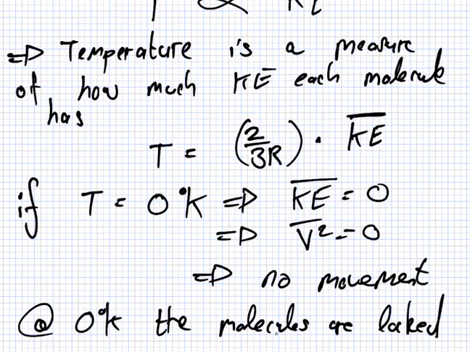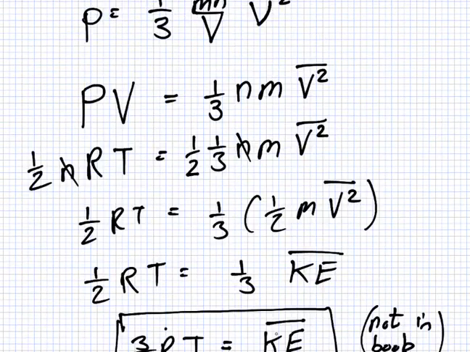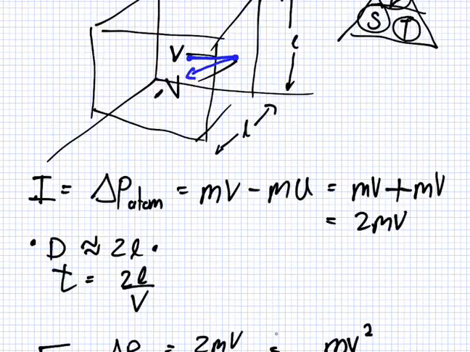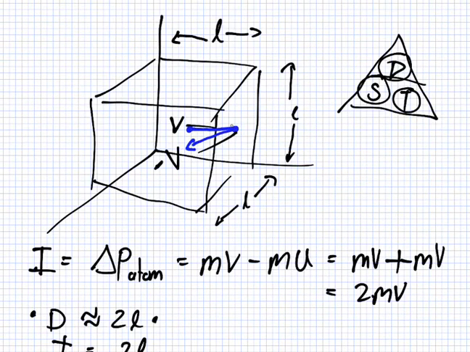Okay, now, of course, in the exam, they won't ask you for this proof, but they could ask you something like, explain what is causing the pressure here. Well, the pressure is caused by the force. The force of what?